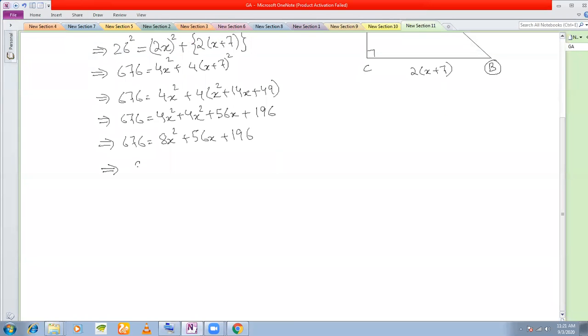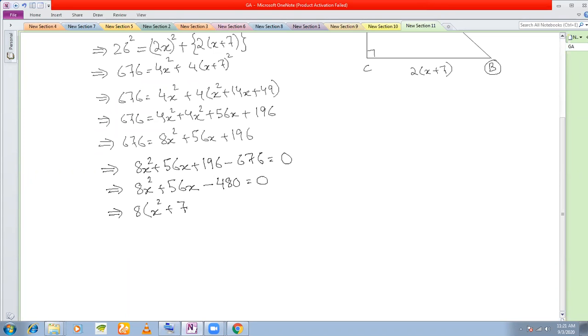So we have here 8x square plus 56x plus 196 minus 676 is equal to 0. And how much is 196 minus 676? Can you tell me quickly? So 480. So minus 480 is equal to 0. Now from here you can take 8 common, x square plus 7x minus 60. That means x square plus 7x minus 60 equal to 0.